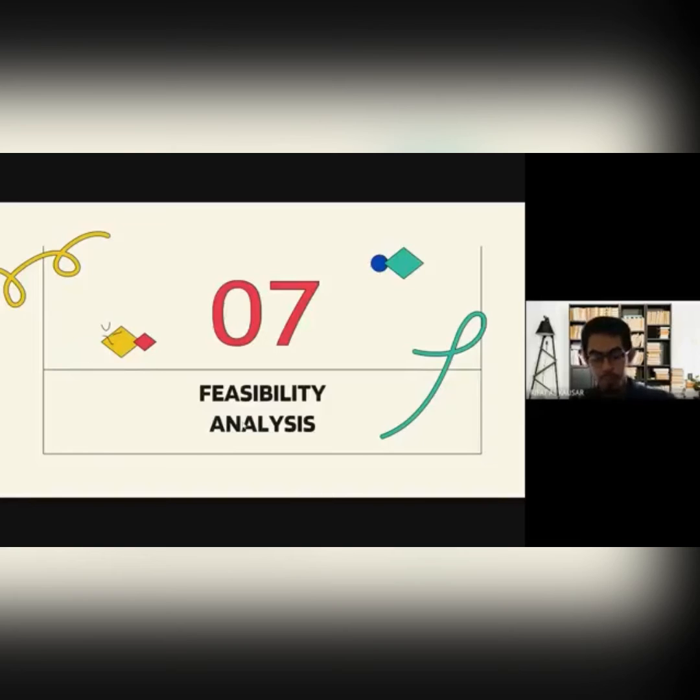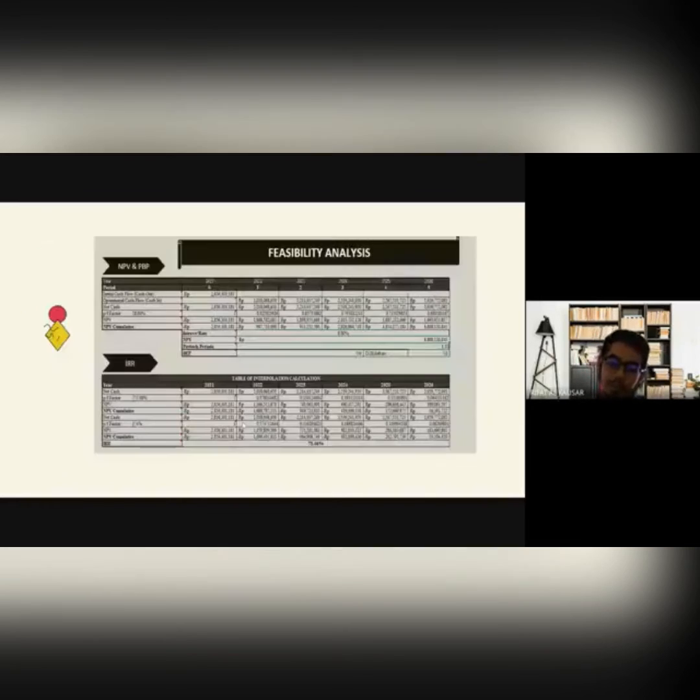Okay, now the feasibility analysis. Next. This is the NPV and payback period. So our payback period is about 1.52, and the NPV is 6,800,000.